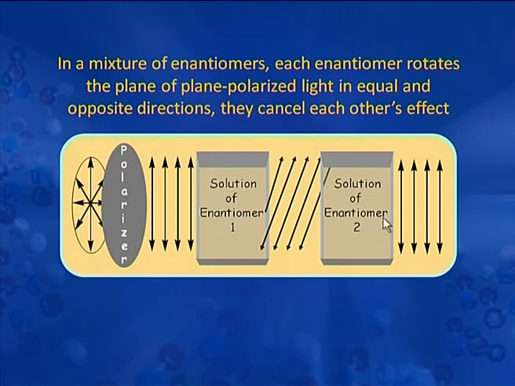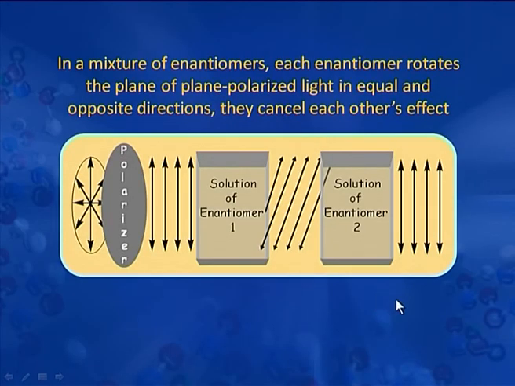When we have the mixture of two enantiomers in the tube, our light will encounter this type of molecule as well as this type of molecule, they will have their equal and opposite effect, and the net resultant will be 0 optical activity. The cause for optical inactivity of enantiomers in a racemic mixture is said to be external compensation, because the effect produced by one type of enantiomer is externally compensated by the other enantiomer.